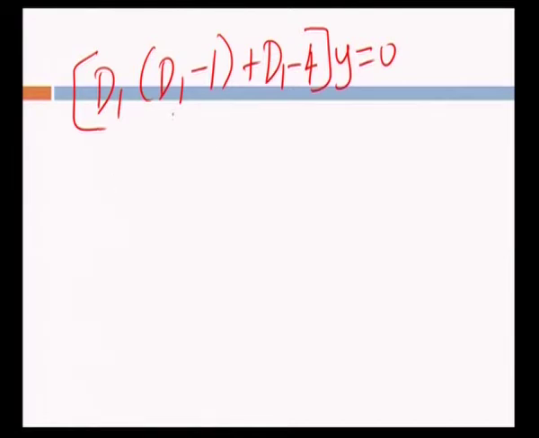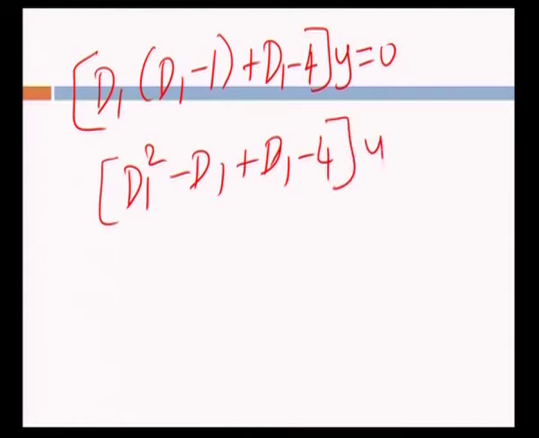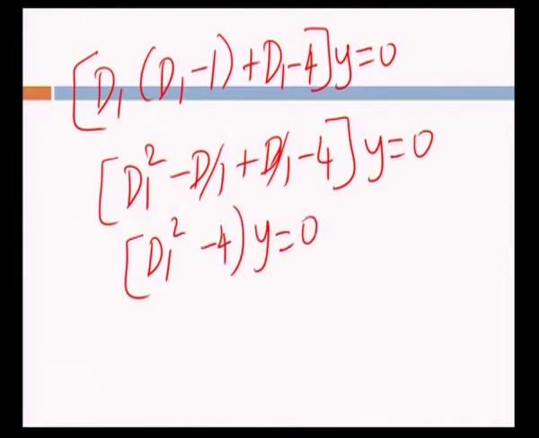Simplifying this, multiply this d1 inside, you will get d1 square minus d1 plus d1 minus 4 into y is equal to 0. This minus d1 and plus d1 get cancelled. So, you got d1 square minus 4 into y is equal to 0 as the equation.